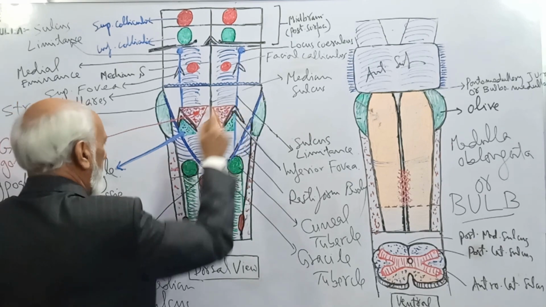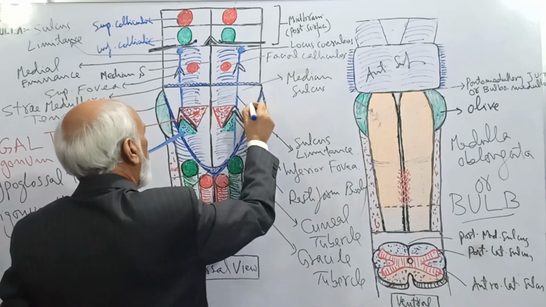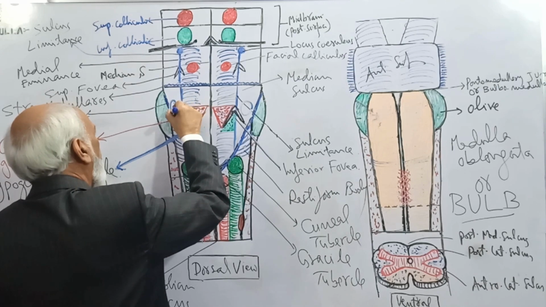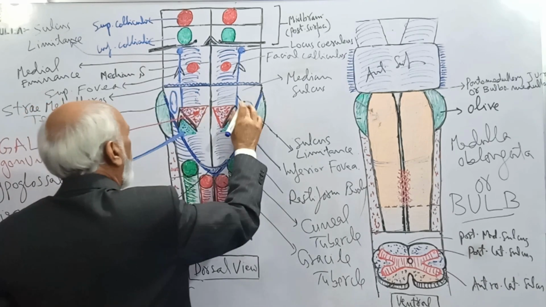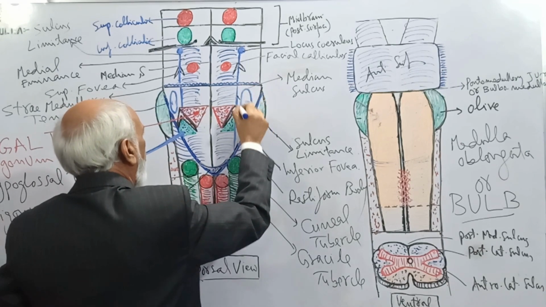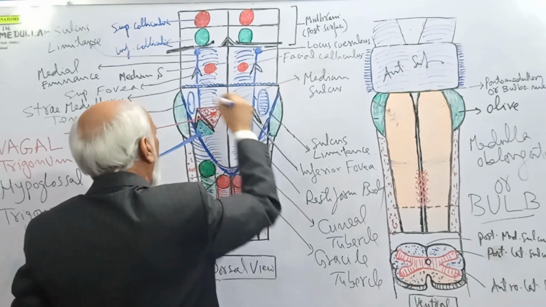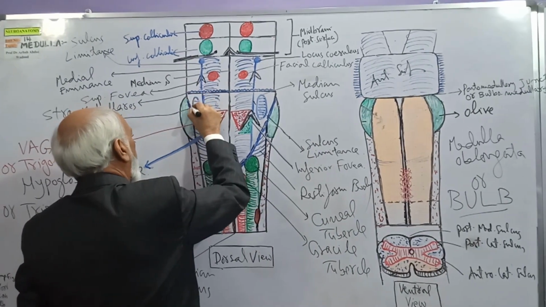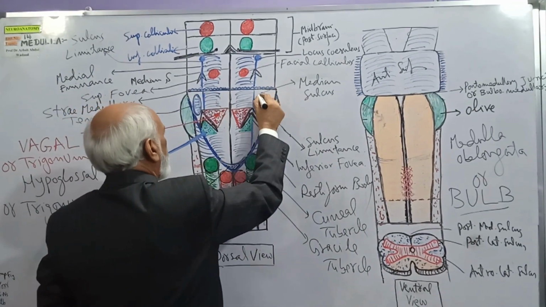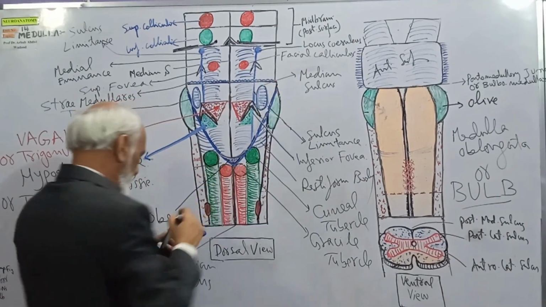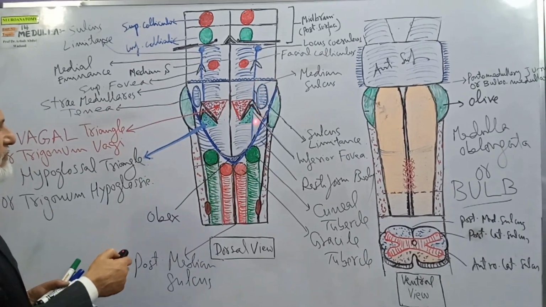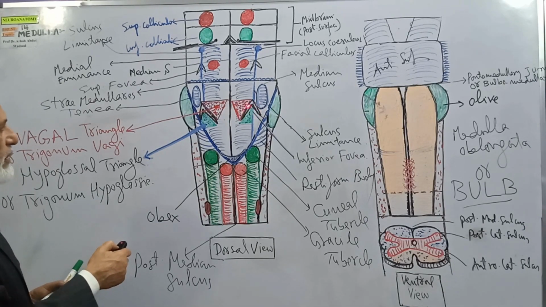Now here, superolateral to the inferior fovea, there is an area on each side, lateral to the sulcus limitans and superolateral to the inferior fovea.